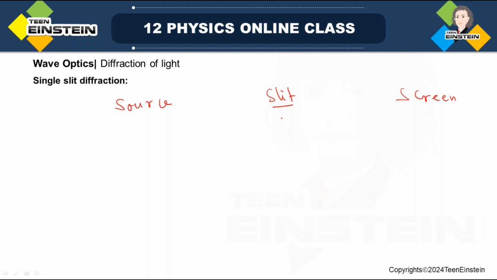Slit means opening. I'll show you what a slit is once again. So the source to slit distance will be nearly infinite, ideally infinite, but it is very large. And the slit to screen distance also will be large, almost infinity.